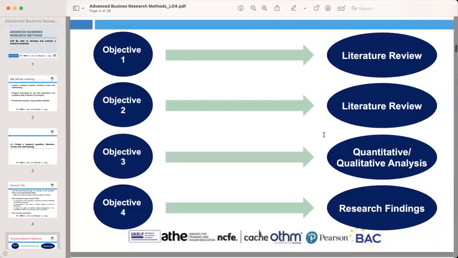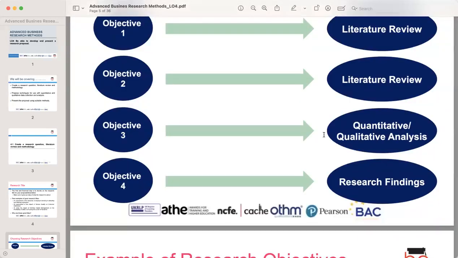Then number 4 is research findings. After completing our analysis, we will summarize and interpret the results we obtained from our data.